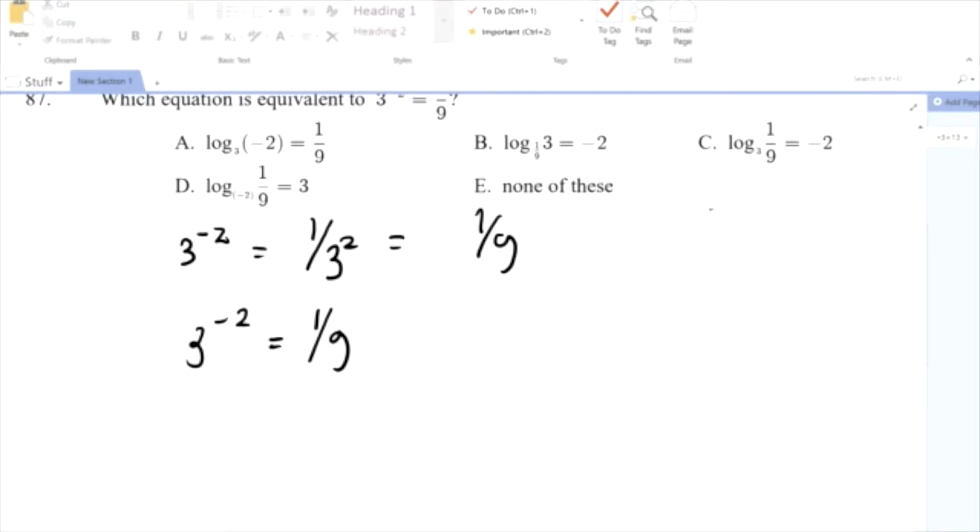However, we are given a bunch of choices of the log function. And this means that we must actually go back to how our log function is related to exponents.